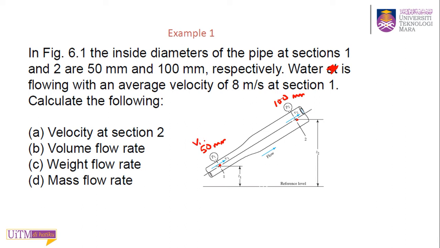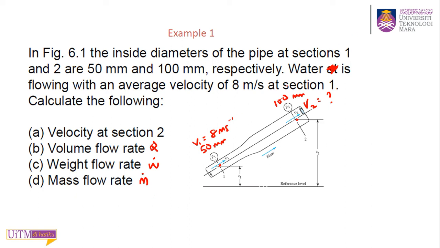So V1 here is 8 meter per second. Calculate the following. They ask you to find V2, the volume flow rate Q, the weight flow rate W dot, and the mass flow rate M dot.